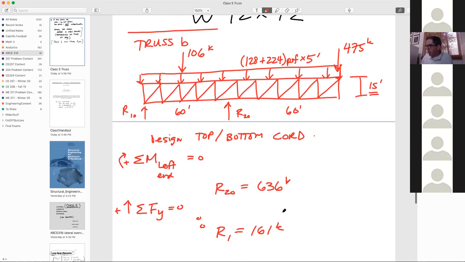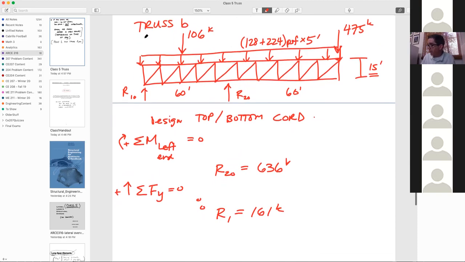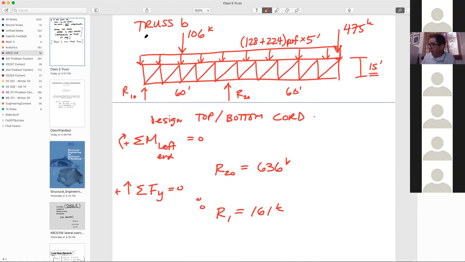So what we're seeing here is just an appreciation for truss B, right? Truss B, we are going to design it for its top and bottom chord forces. If you do remember from the handout for a cantilever truss, it's going to be L over 4.